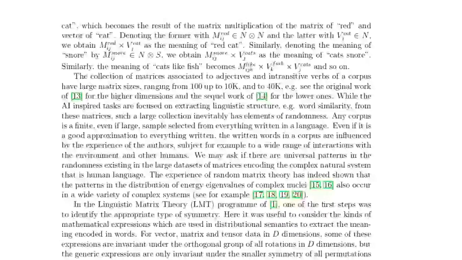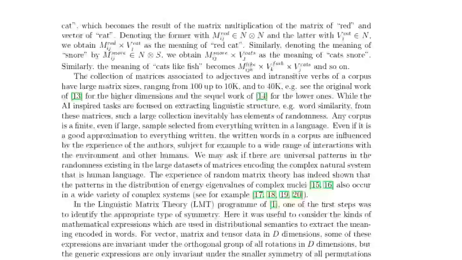So it looks like the sentence space is in the space of vectors, so a single dimensional space. And when you apply snore to your vector for cat, so snore is an intransitive verb, you end up with a sentence cat snore in the space of sentences.